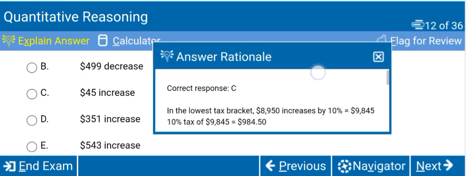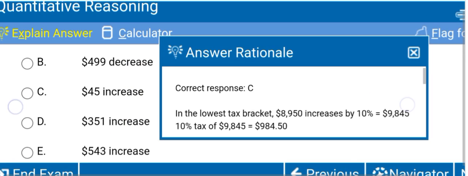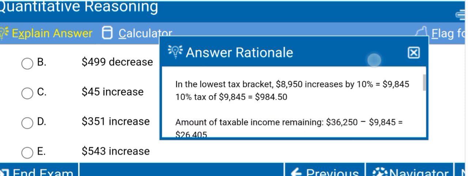Now the correct response is option C, as in the lowest tax bracket, $8,950 increases by 10%, which equals $9,845, and 10% tax on this amount equals $984.50.